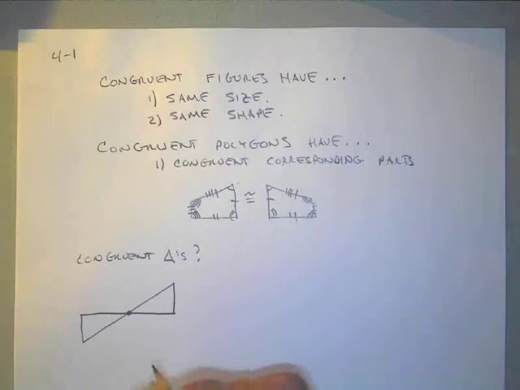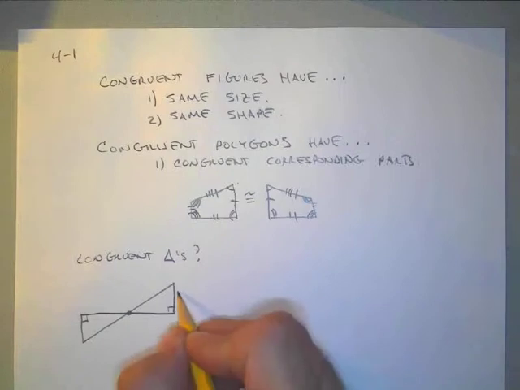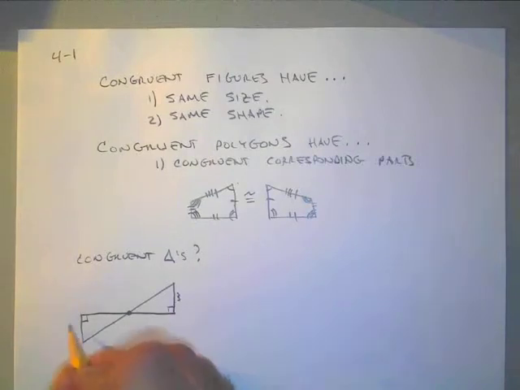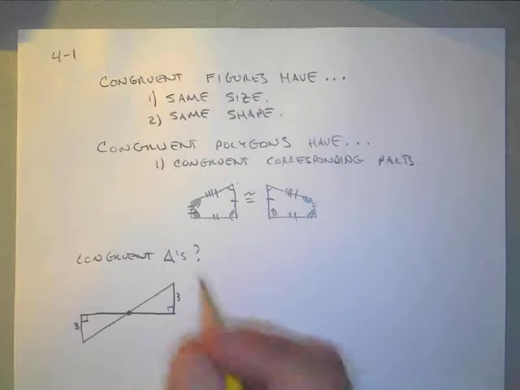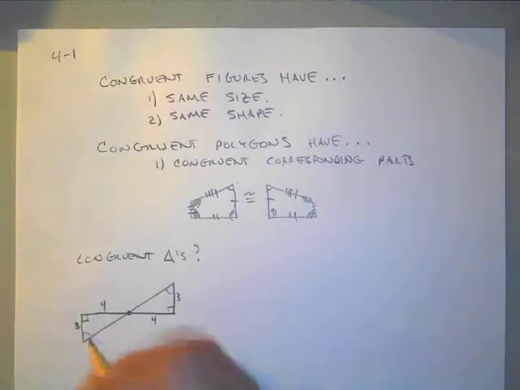And the things that we know about these two triangles are that those are right angles. This side is length 3, and that side's length 3. This is 4, and that is 4. And we know that these two angles are also congruent.